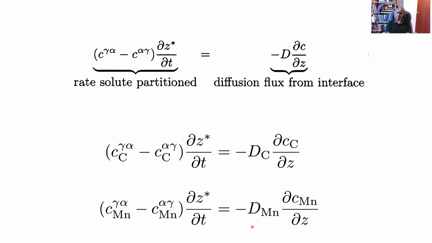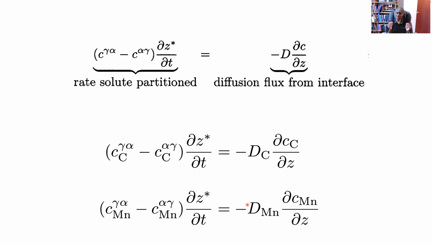So there are 2 ways in which you can satisfy these 2 equations simultaneously, because we have this extra degree of freedom that we can select the tie line which will allow us to satisfy these equations. There isn't just a unique tie line in a ternary system.